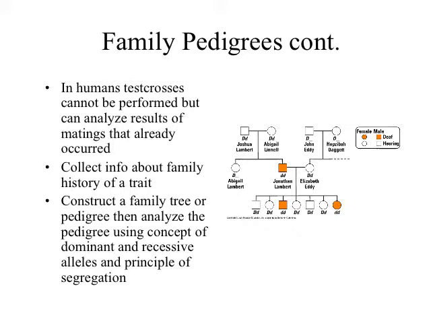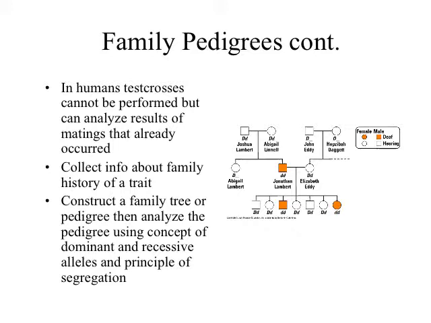That would be kind of weird. But we can analyze the genetics of people and get an idea of what their genotype would be by taking a look at the family history of the traits. So we can construct what's called a family tree or a family pedigree, and then analyze the genotypes from what we see, from who has that trait versus who doesn't.